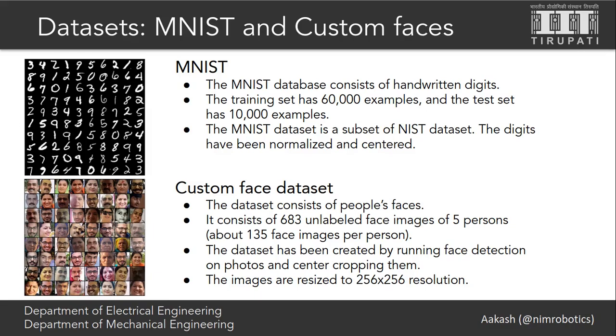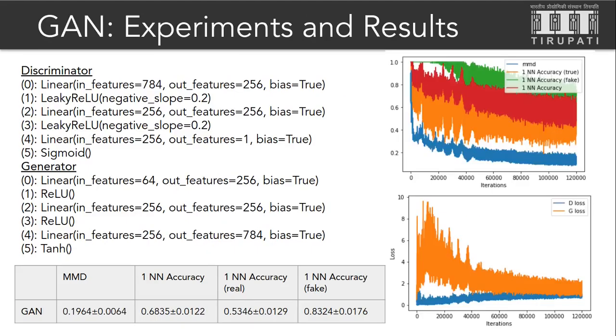This dataset consists of faces of people, and it has around 680 unlabeled face images of 5 people, about 135 images per person. I created this dataset by running a face detection algorithm on normal photos and center cropping them. The images are then resized to 256 by 256 resolution. So these are the two datasets that I used.